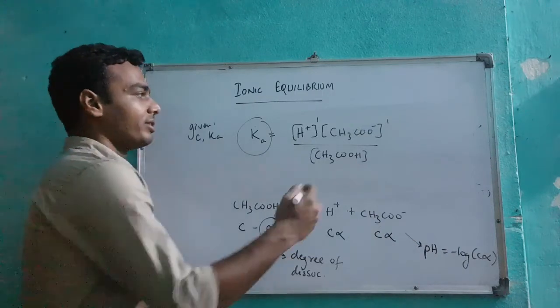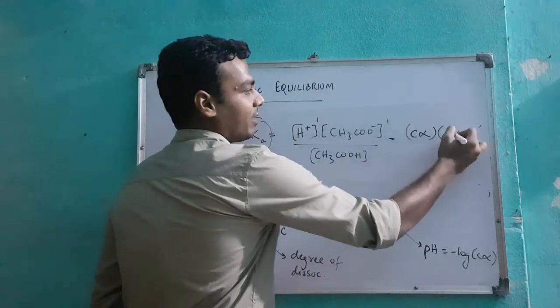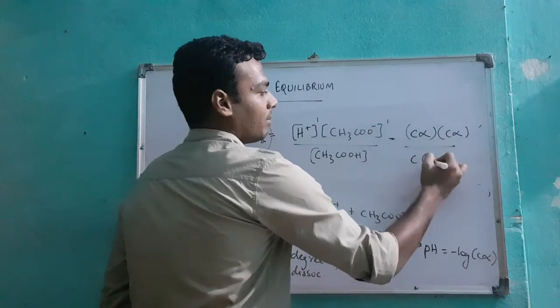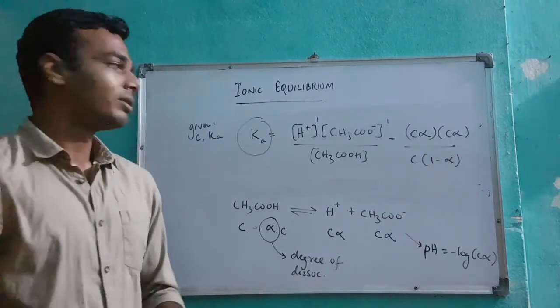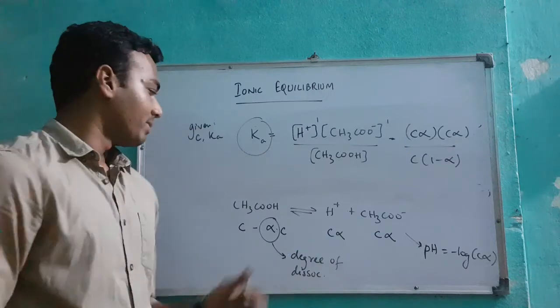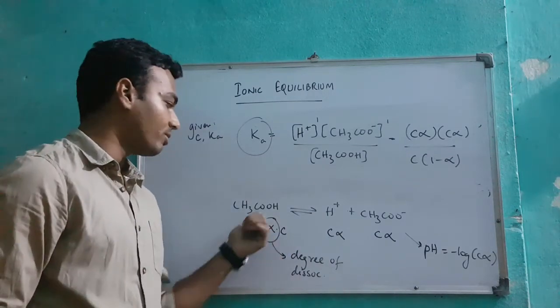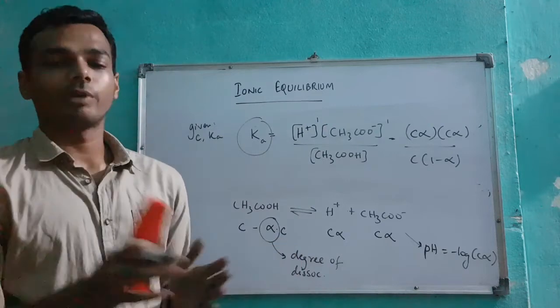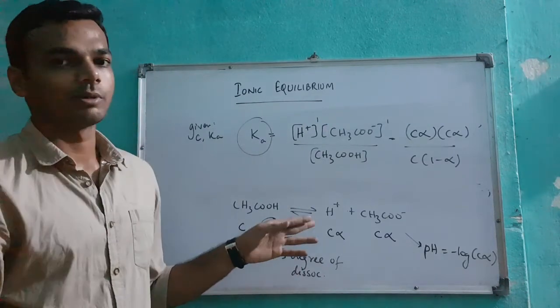When I feed these concentrations into this value, what I precisely get is C alpha into C alpha by C into 1 minus alpha. Now, there is a twist here. This being a very weak acid, I know that a very small amount of molecules is going to break into ions, so this alpha is going to be less than 2% or 3%.